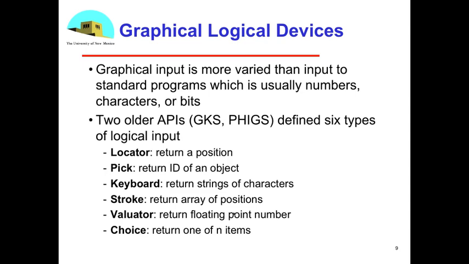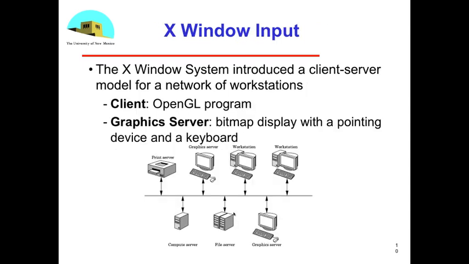Now I want to turn for a minute to this idea of client server. We're going to be talking a lot about that in a little while, but it's important to have that notion because everything we're going to be doing is based on some sort of a client server model. If you look at the diagram, there's a network and a bunch of things we're calling servers on there, and they make sense. For example, a print server is something that many programs and computers around this network can all use.